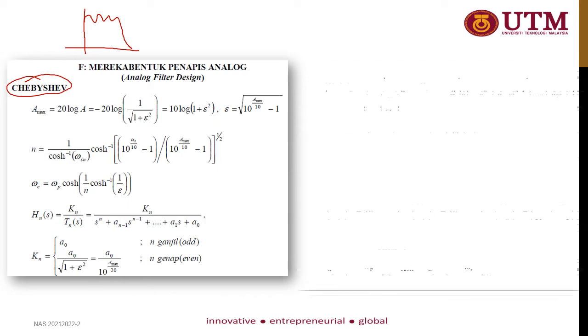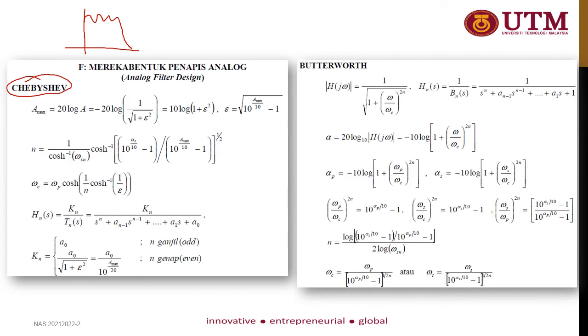Otherwise, if you have a flat top response, for example for a high pass filter, it belongs to the Butterworth filter, so you need to make sure that you refer to all equations under the Butterworth appendices.